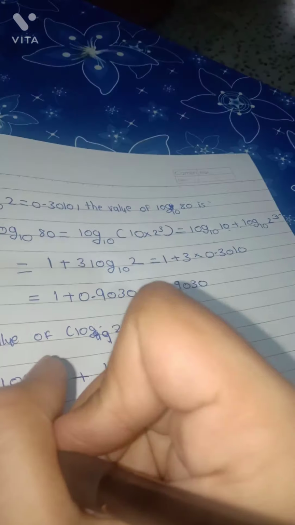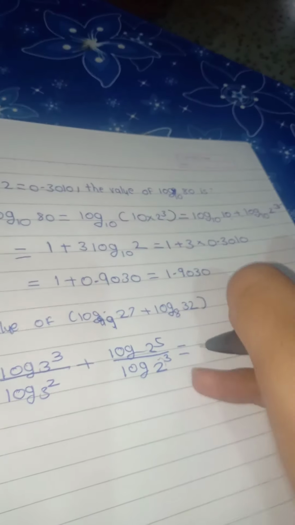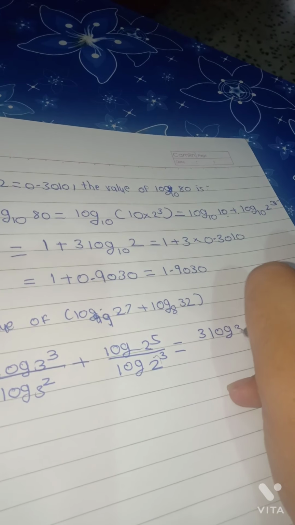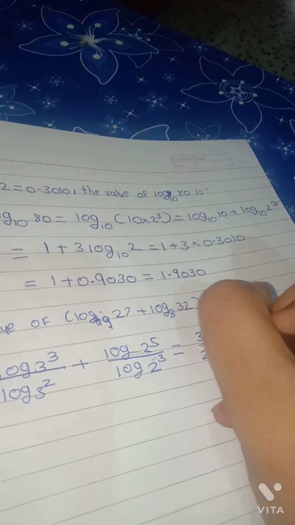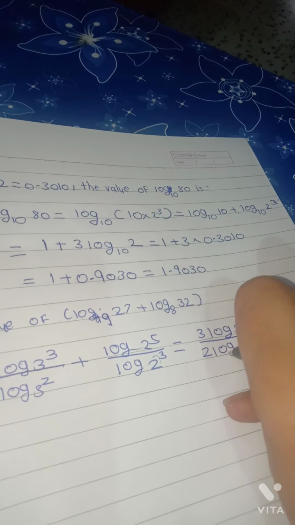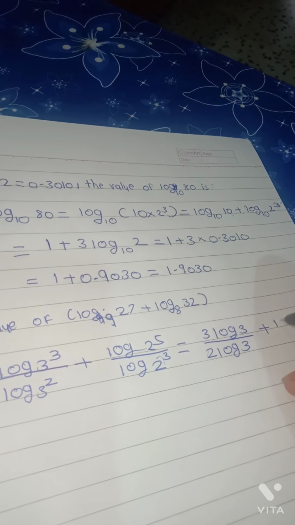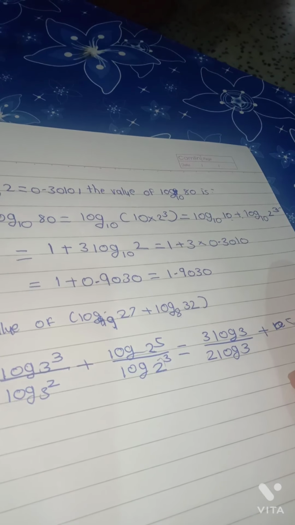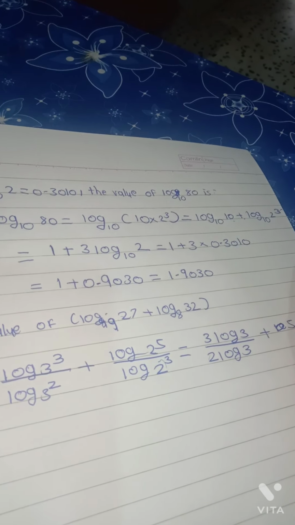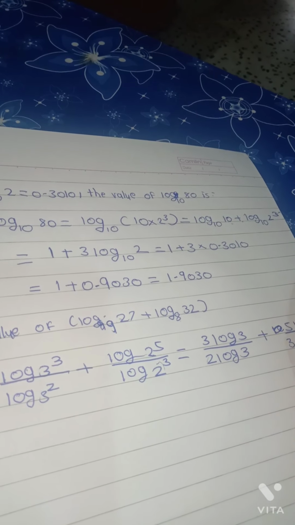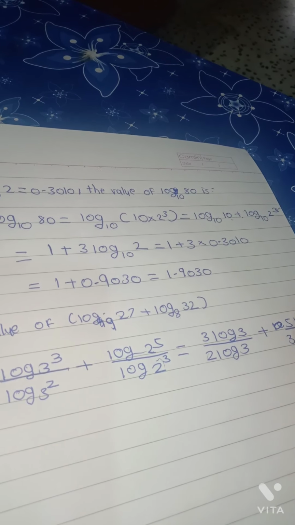So here it will be equal to 3 log 3 divided by 2 log 3 plus 5 log 2 divided by 3 log 2.